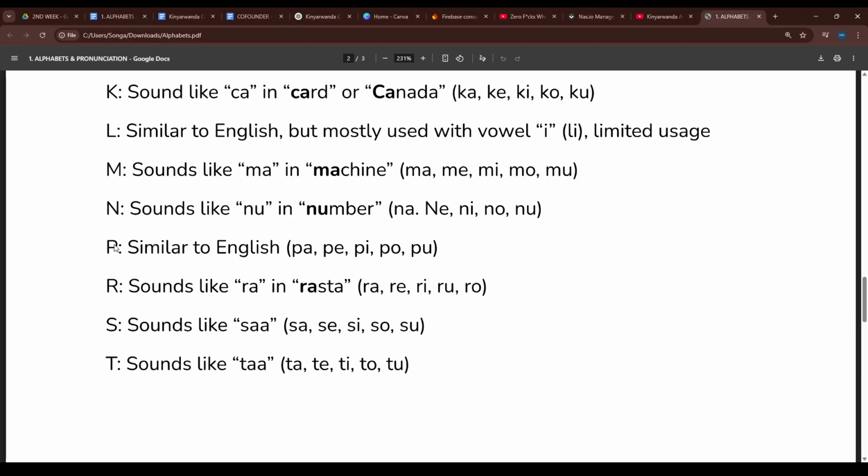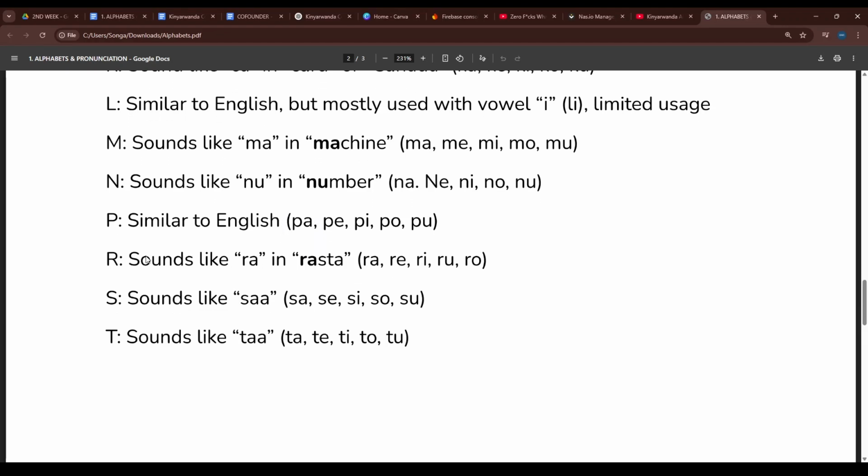In English it's P, but you can say pe, pa, po, pu in Kinyarwanda. So this is pa, pe, pi, po, pu, depending on the vowel. So just take this pa. And then in Kinyarwanda, it's la, like last.